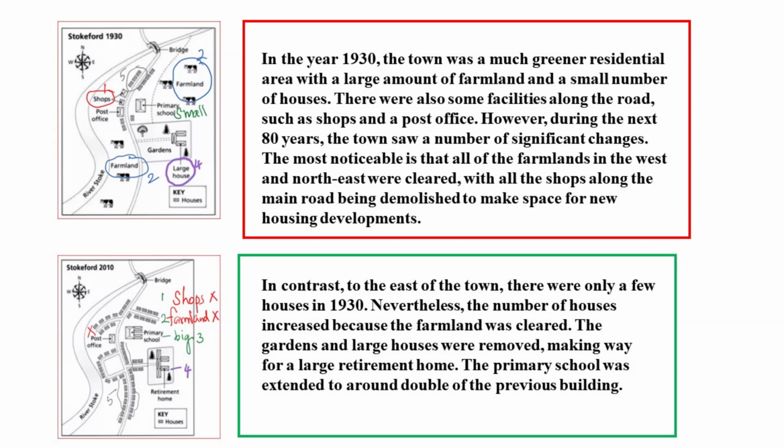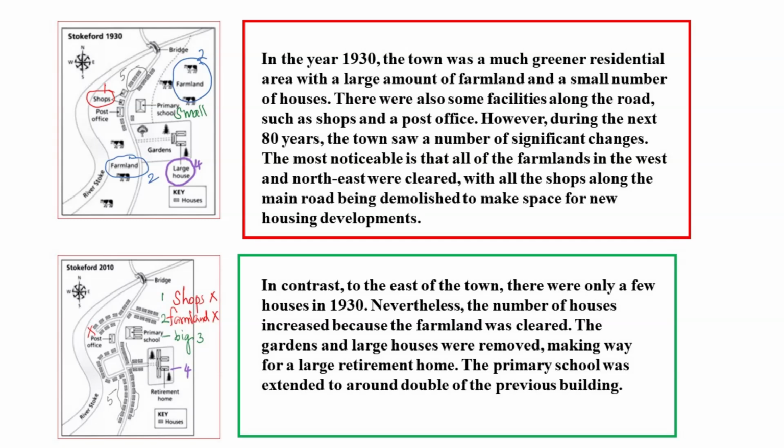However, after 80 years, during these 80 years, there were many significant changes. The most noticeable change: the farmlands were cleared, disappeared, and all the shops were demolished, and in their place there were new housing developments. So this is the major change we are going to describe in body paragraph number one.